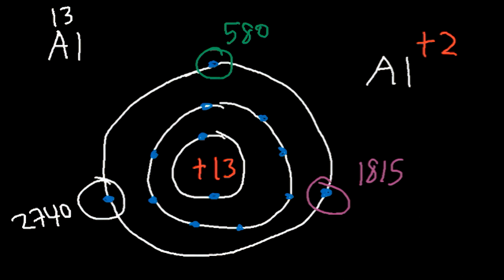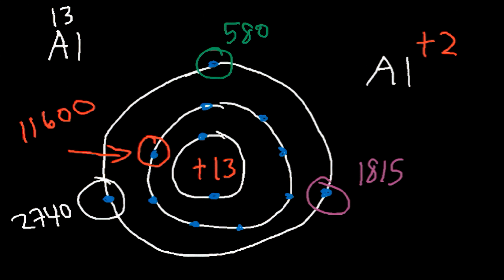Now what about the fourth ionization energy? The fourth ionization energy is associated with the removal of an inner core electron, and the energy required to take off one of those electrons is much higher. It's 11,600.